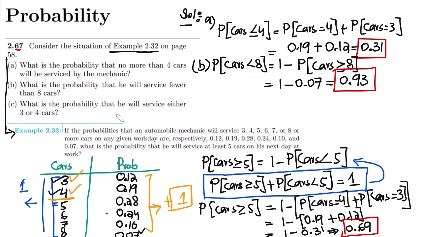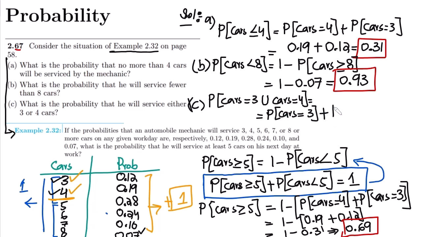Similarly, in part C, what is the probability that he will service either 3 or 4 cars? So he will have to service a number of cars equal to 3 or 4. The word or is usually represented by this union. Here I have to add them together, the probability that cars are equal to 3 plus the probability that cars are equal to 4.